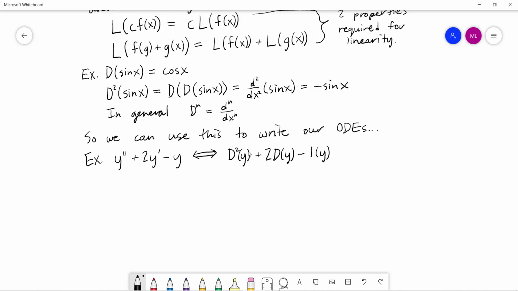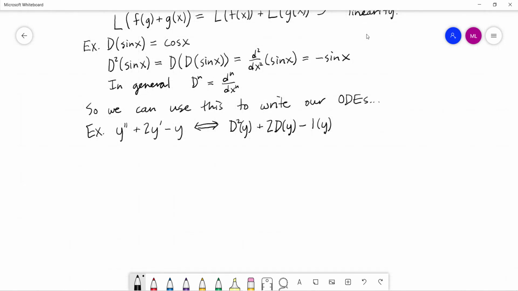And because this y shows up in all of these terms, and based on the properties of differentiation, you can think about this as basically being the following. We could write this d squared plus 2d minus 1 of y.